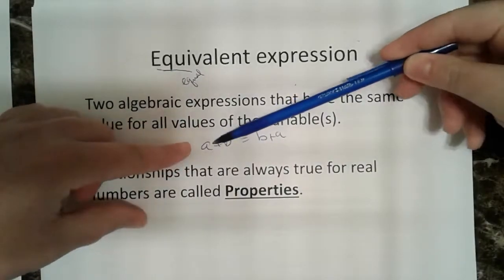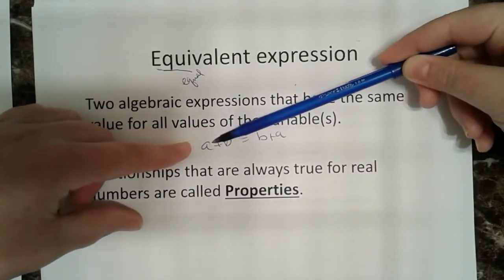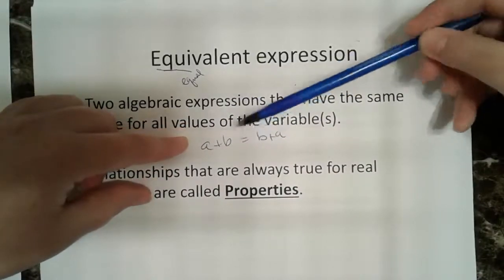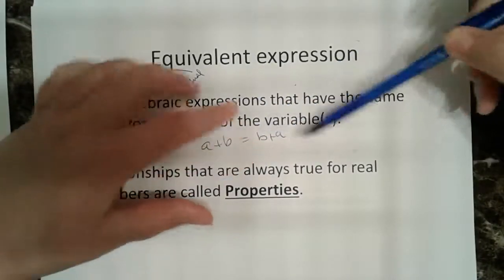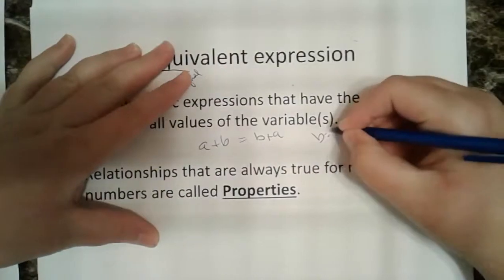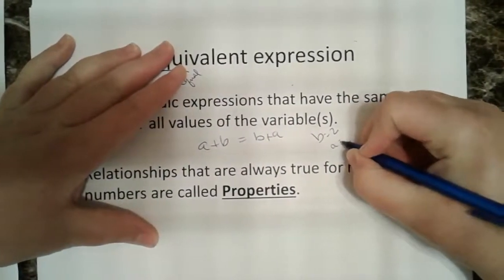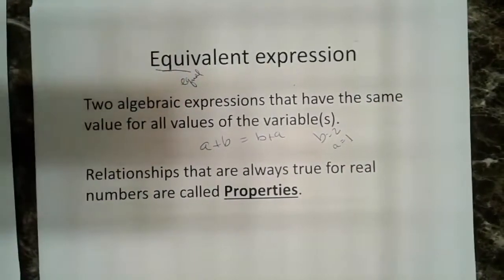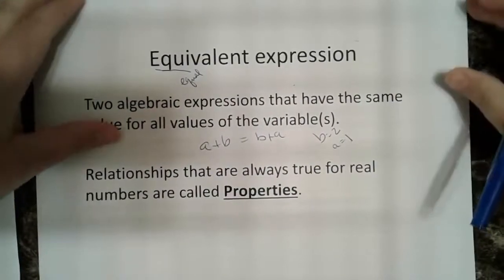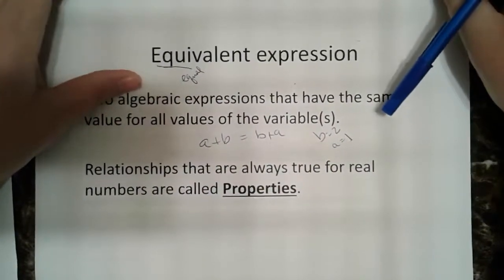And the values for all the values of the variables. If I plug in anything for A, and anything for B, and do the exact same numbers, so let's say B equals 2 and A equals 1, sorry for the shakiness of the video, I really do not know why it is shaking that much.